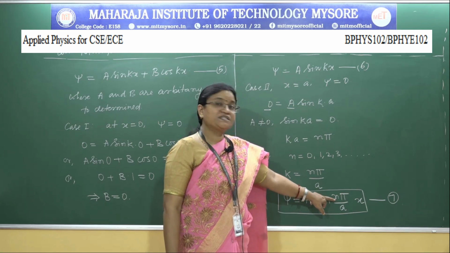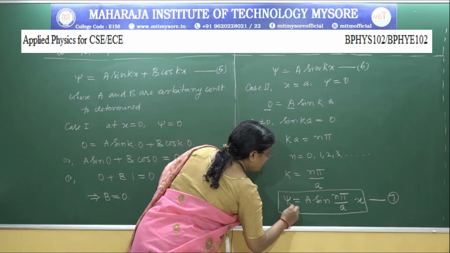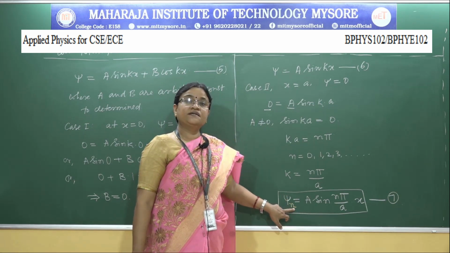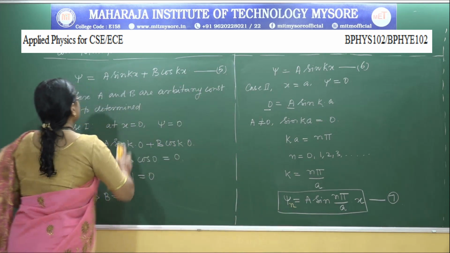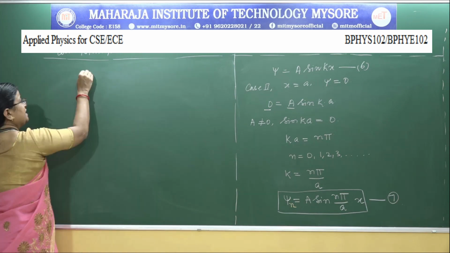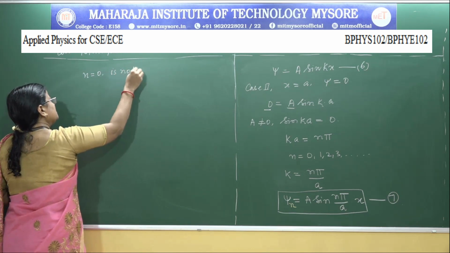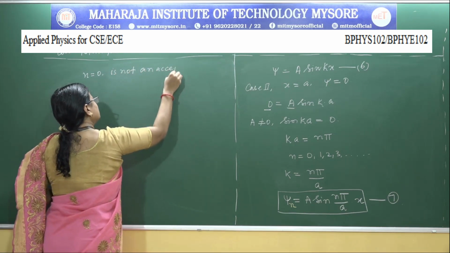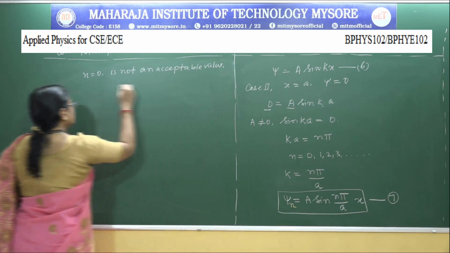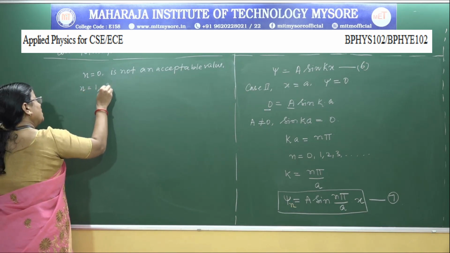Since it is n, we also put it in the subscript of ψ, ψ_n. So, n = 0 is not an acceptable value. We will take the value of n as 1, 2, 3 and so on.